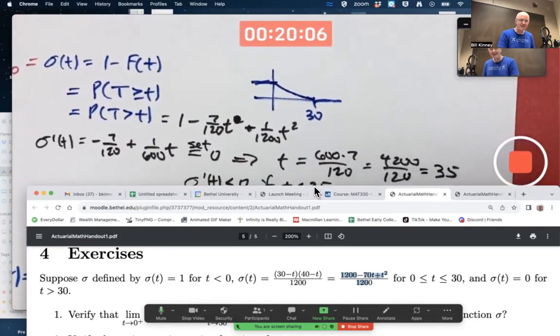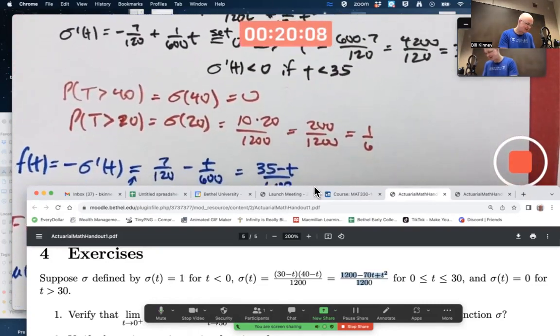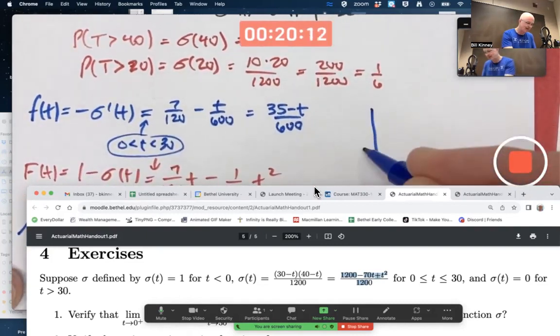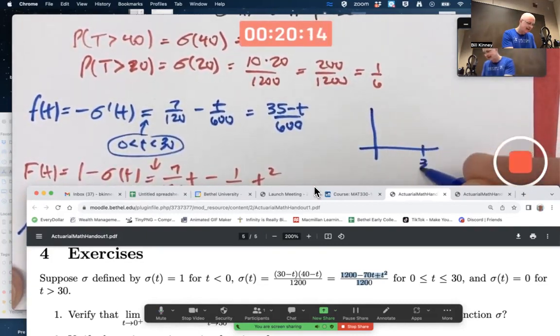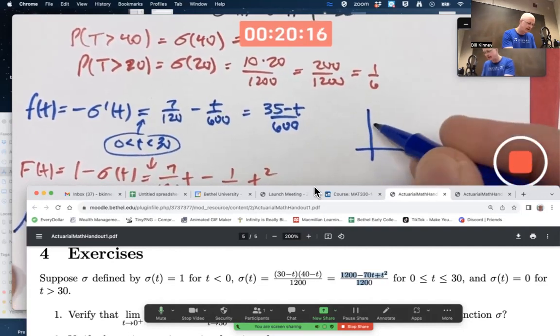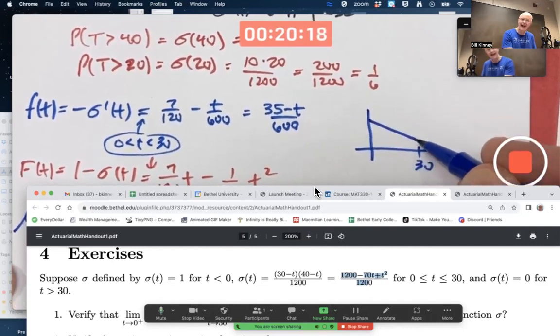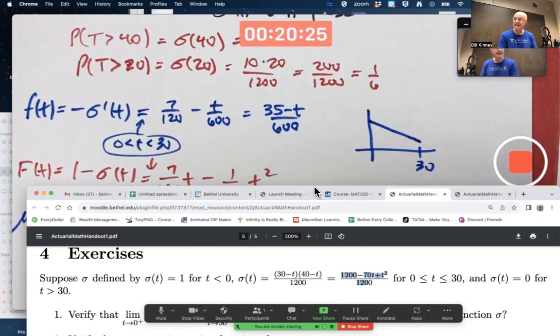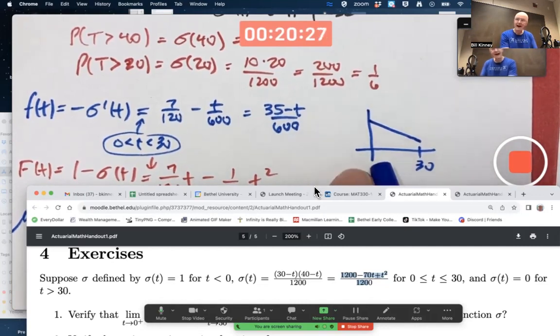What does the graph of the PDF look like? Here's the PDF formula. The graph of that PDF is a linear function with a negative slope looking about like that. Intercept would be 35 over 600. It's a probability density function where it's higher.